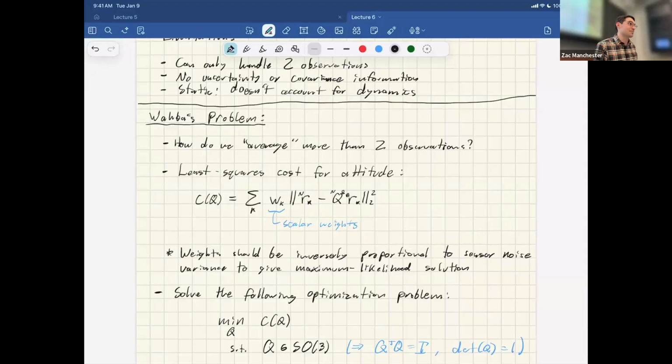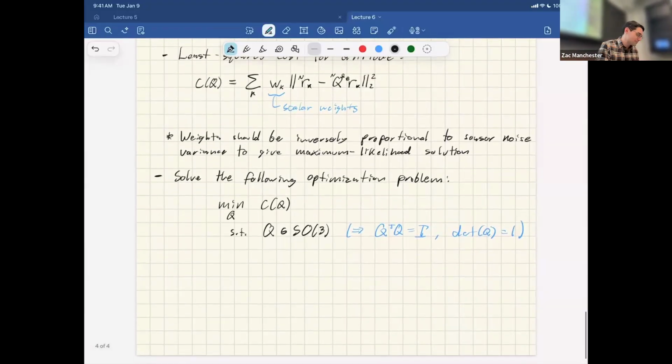Try to be consistent at least on that. So it's measurement K, right? So each measurement, you've got the inertial frame version, which you're looking up in your map. You have the body frame version that you're getting from your sensor, and then you have a weight attached to it. So those are all indexed by K. And you're going to sum up all the, yeah, you get the idea.